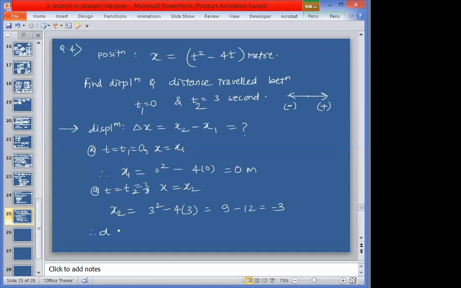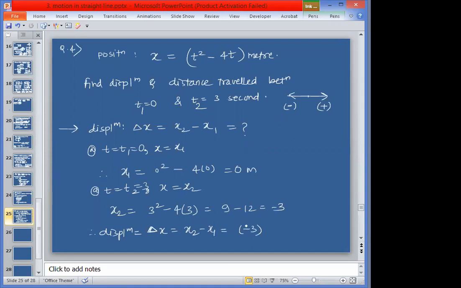Therefore displacement. I won't write delta r now. r is a 3-dimensional vector. Now the motion is only 1-dimensional, so use a 1-dimensional letter, that is x or y or z. Let's take x. So instead of writing delta r for the displacement, I will write delta x. That is final position minus initial position. Final position is -3. Whenever you do the replacement, put a bracket.